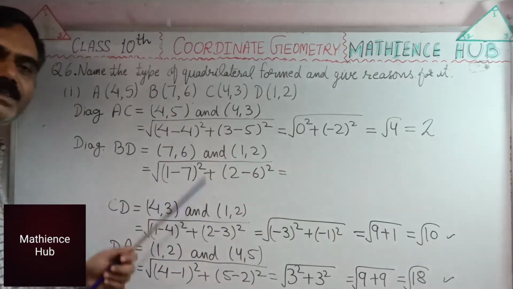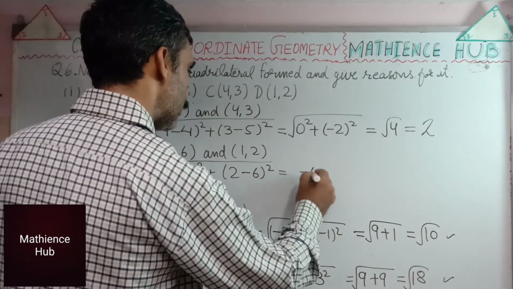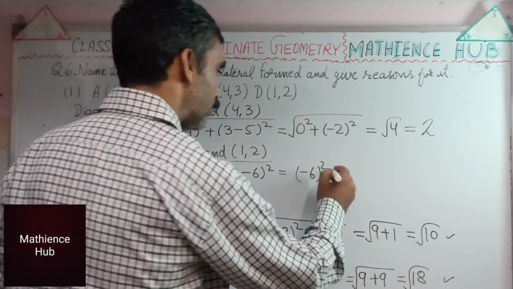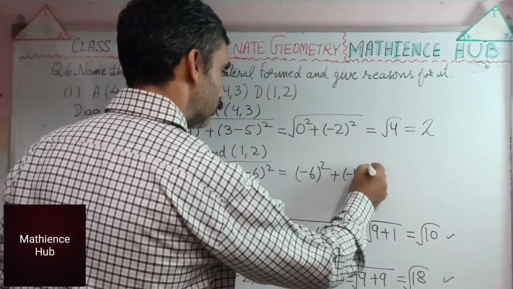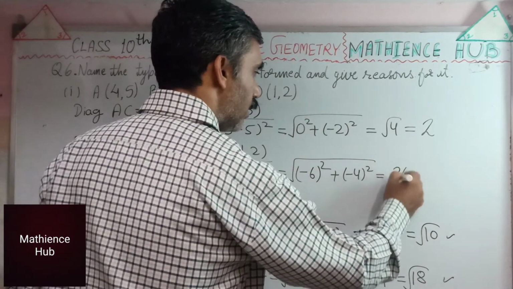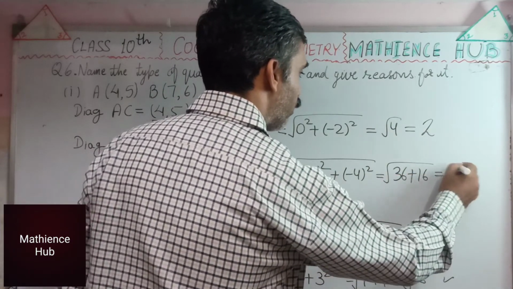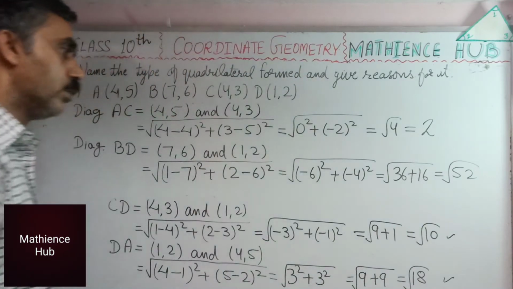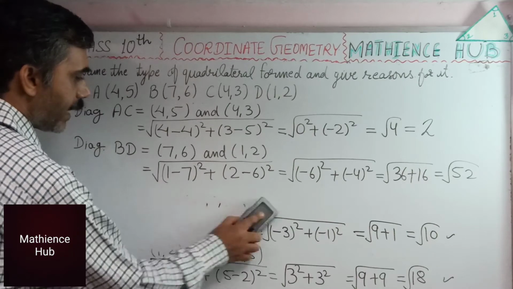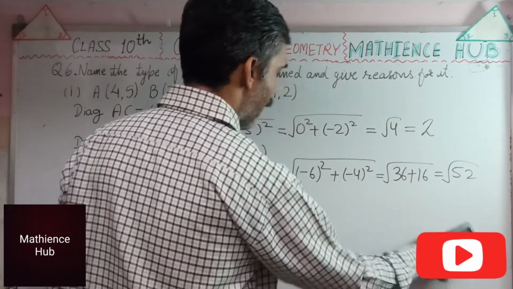Solve this: 1 minus 7 we get minus 6, and 2 minus 6 is minus 4. Minus 6 square is 36, minus 4 square is 16. We get root 52. So we find the length of the diagonals and the length of all the four sides.